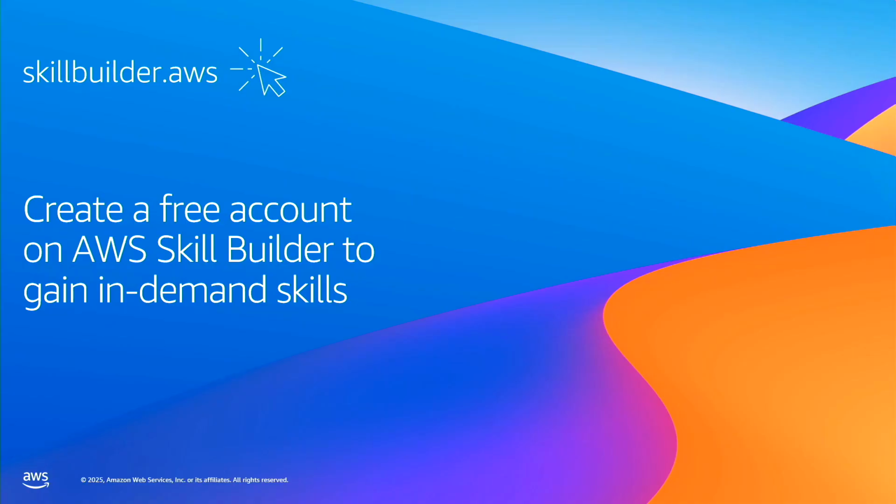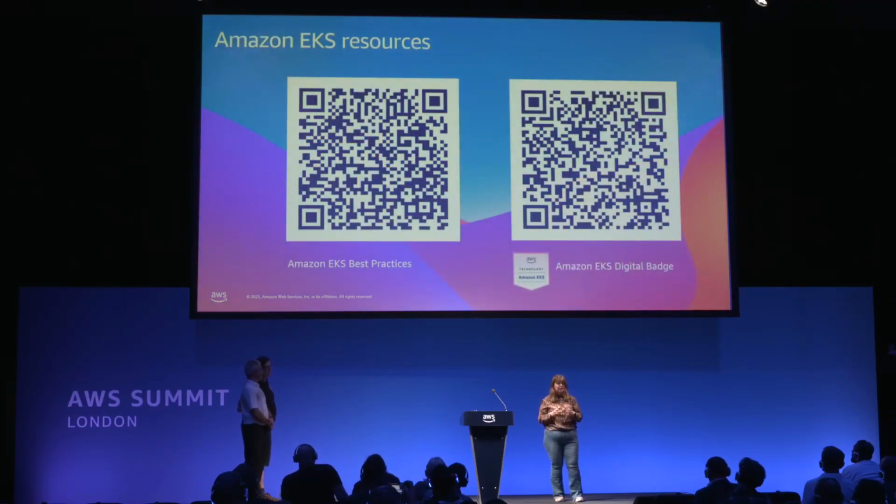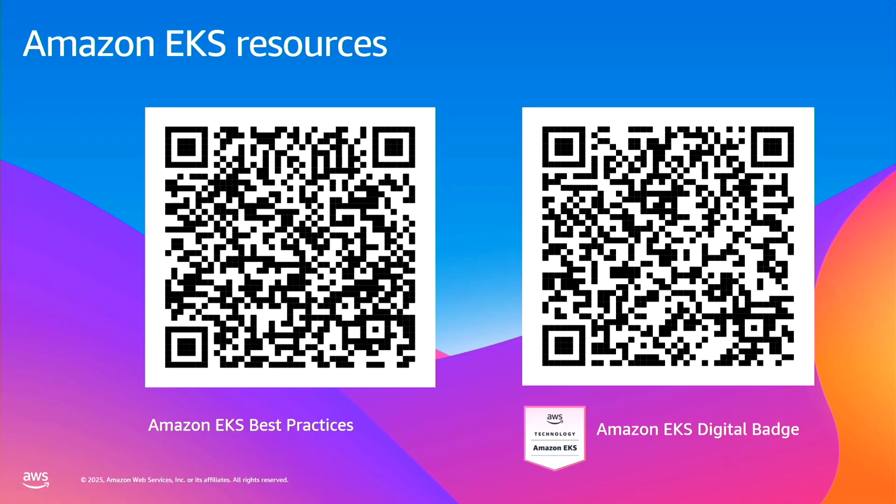So, if you want to learn more, we have free Skill Builder resources for you to go and do some different training courses. One of those training courses is the Amazon EKS Digital Badge. This is for those who don't know really about EKS and you want to get up to speed with EKS.